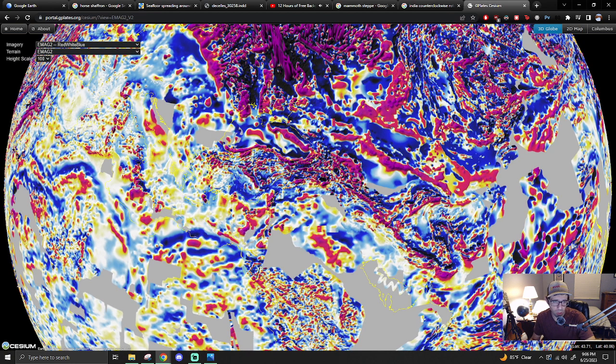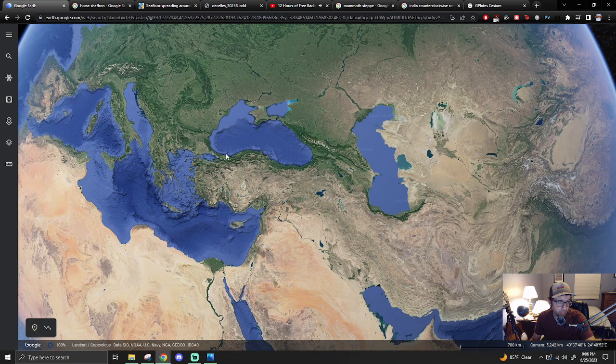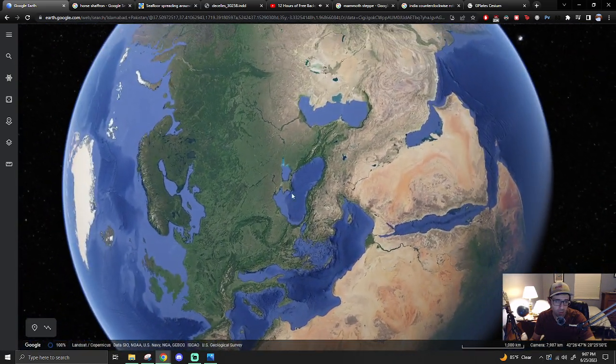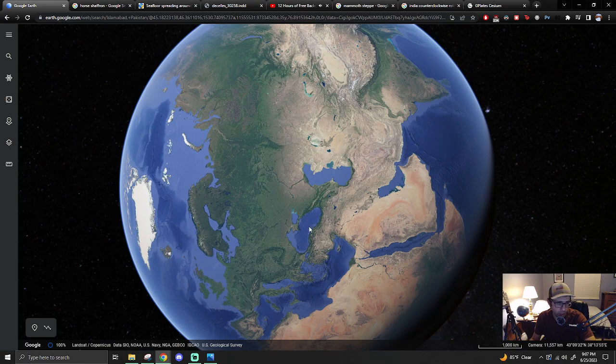Like, as this structure became more stable. I don't know. Let's see. I feel like those are more undercurrents than related to these currents we're looking at.